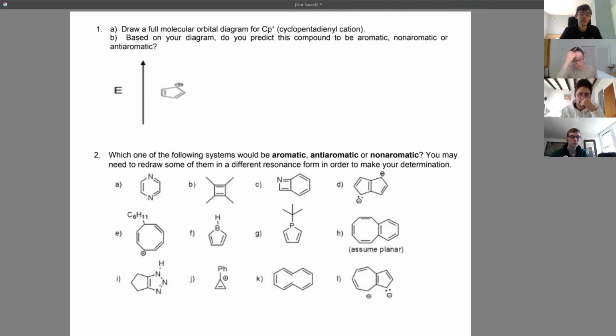I know according to Huckel's it would be anti. Then for H, are we saying aromatic? The anti-aromatic. Did I count wrong? 2, 4, 6, 8, 10, 12. Yes, that is a multiple of 4. You are correct.